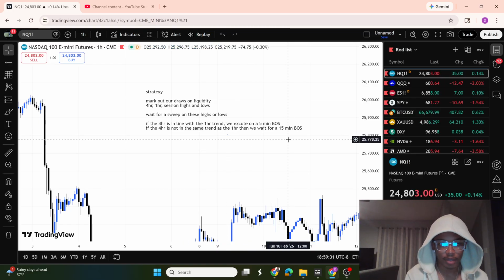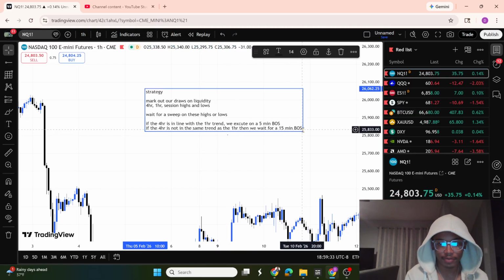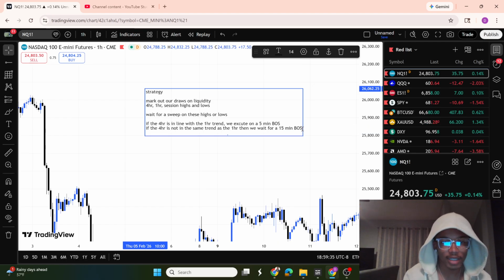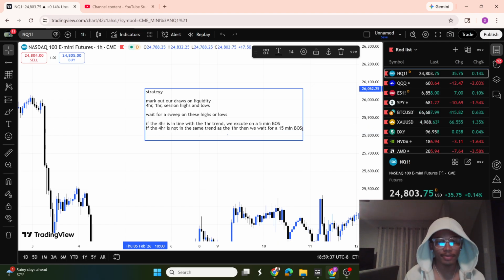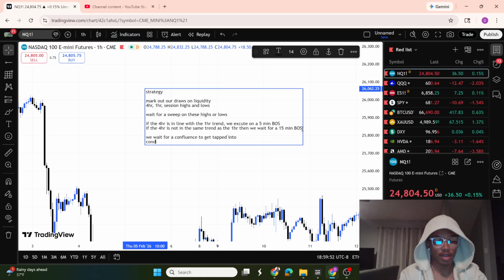All right, let's get into the next step. Because now, once we actually see this happen, liquidity sweep, break of structure, now we wait for a confluence to get tapped into. What confluences do we have?